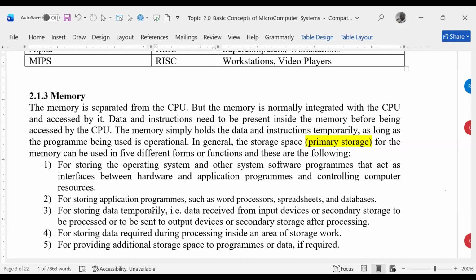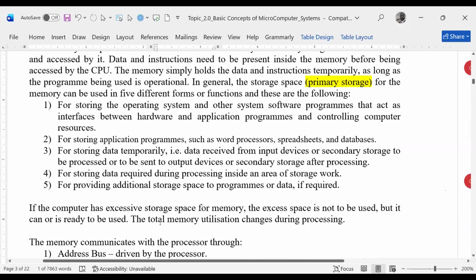The memory storage space gives us 5 functions. So 5 functions associated with memory storage, primary storage, main memory, volatile memory.